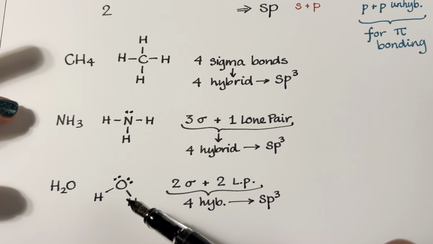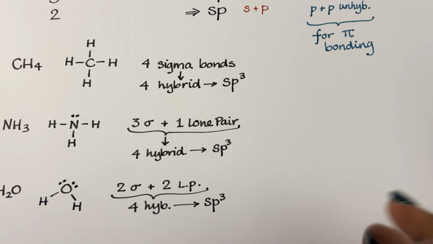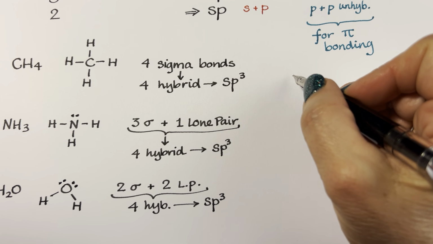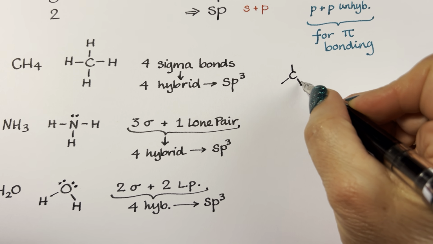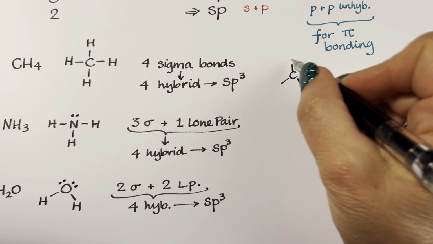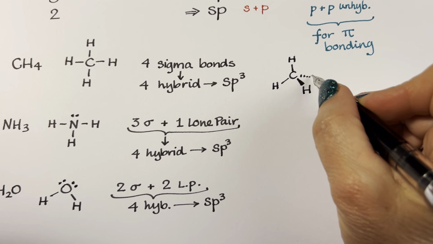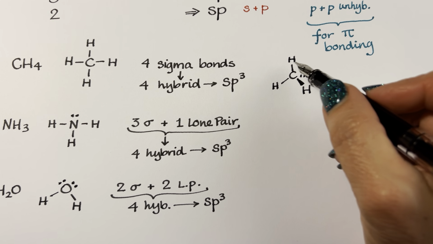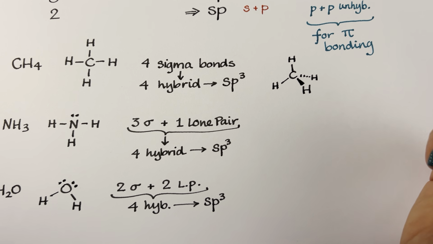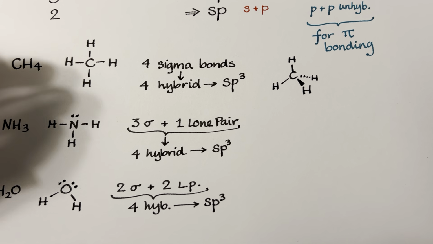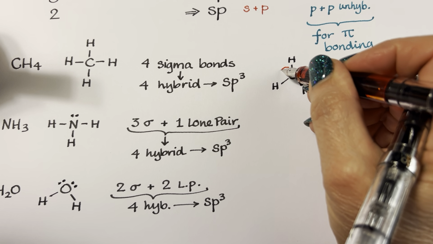All 3 of these examples, when we look at the shapes of them, they're all starting out with this, in terms of the electronic structure, sometimes it's called, gives us a starting point in terms of saying this is tetrahedral and the bond angles are consistent with that.